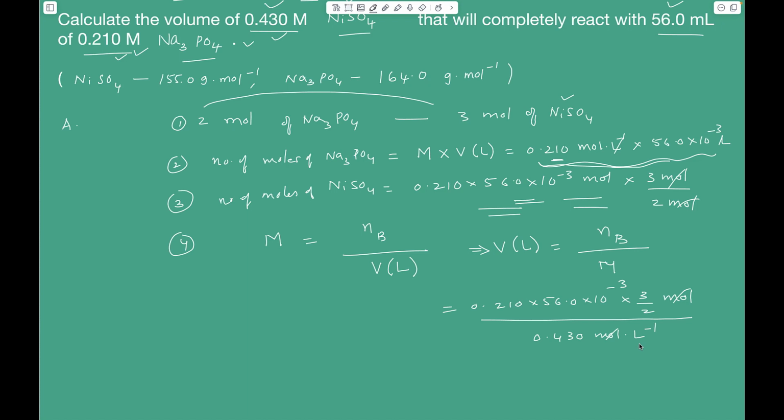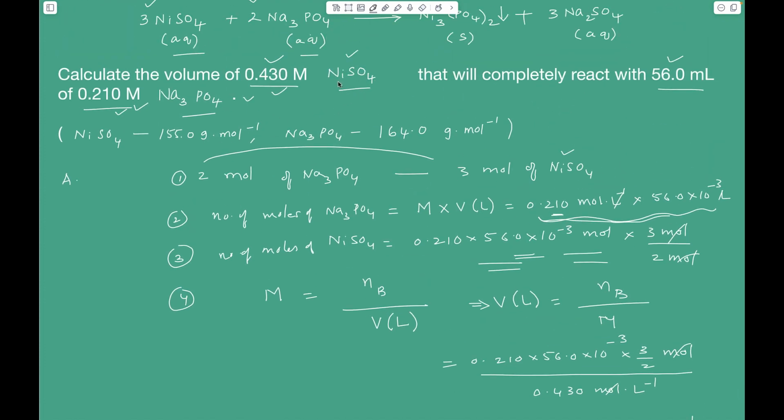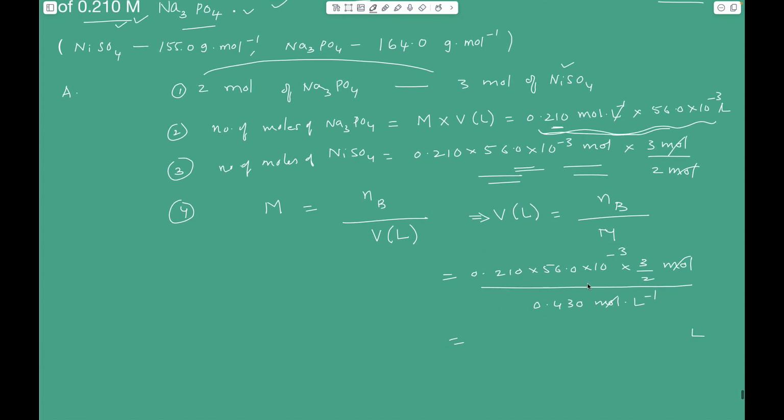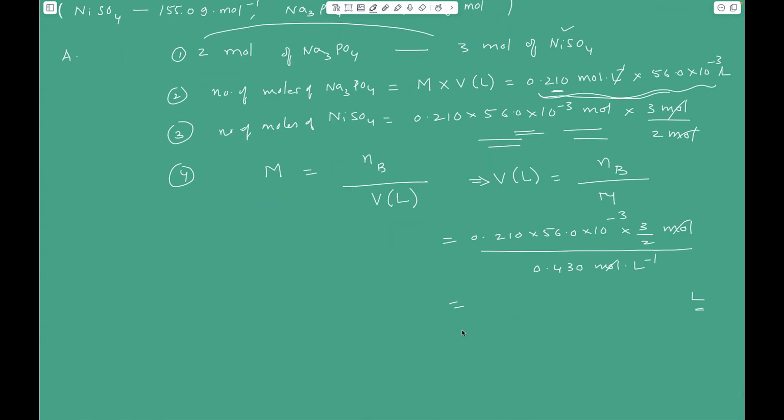Cancel these two. Liter inverse goes into the numerator and becomes liter. Simplify this to get the volume of the nickel sulfate solution needed for this reaction in liters. And if you want it in milliliters, multiply that with 10 to the power of 3.